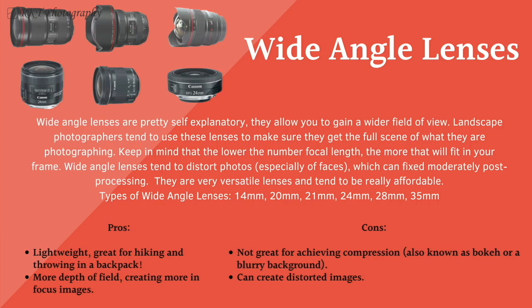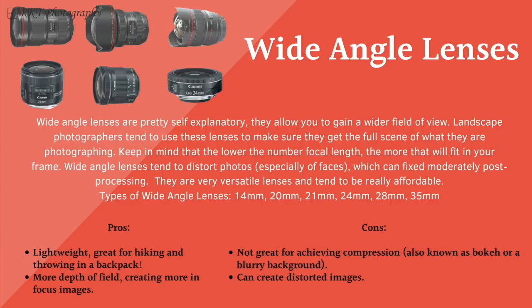So generally you will see the lenses which are below 35 mm, they are called wide angle lenses. Lenses like 14 mm, 20 mm, 21 mm, 24 mm. So these are some of the different types of wide angle lenses. So let's talk about the pros and cons. So these wide angle lenses are lightweight, great for hiking and throwing in a backpack.